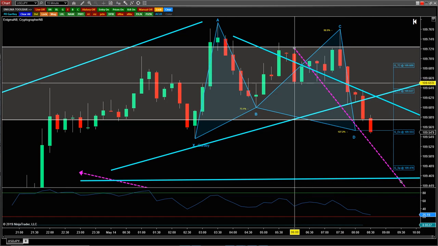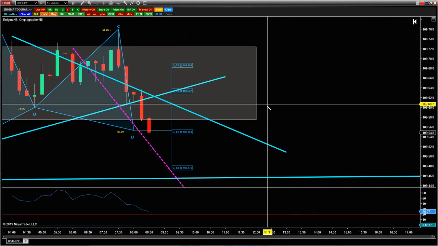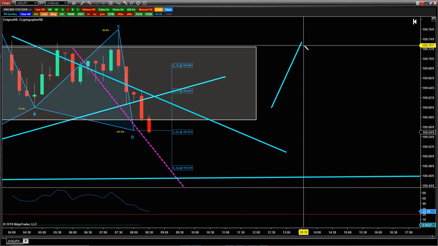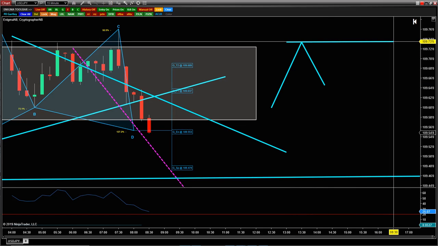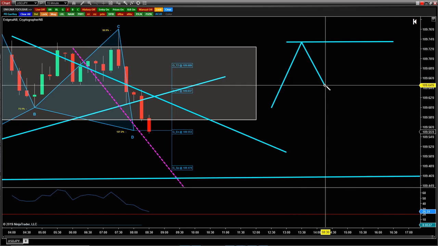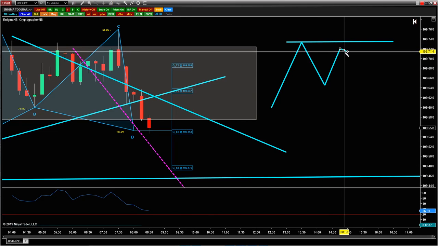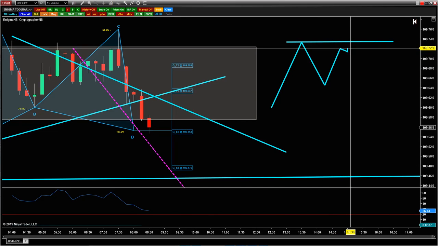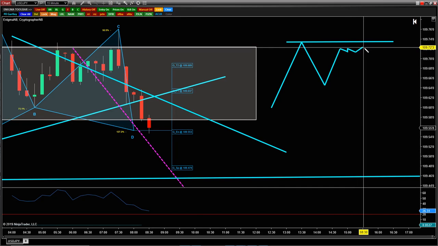Same thing with support and resistance trading. What I mean is like this. You'll see me do the same thing with support and resistance trading. Let's say we have a level of support or resistance up here, right? I hate when the market does this. You guys ever see this? It starts playing around right below that level.